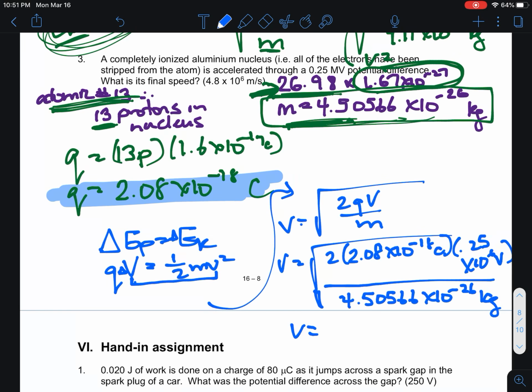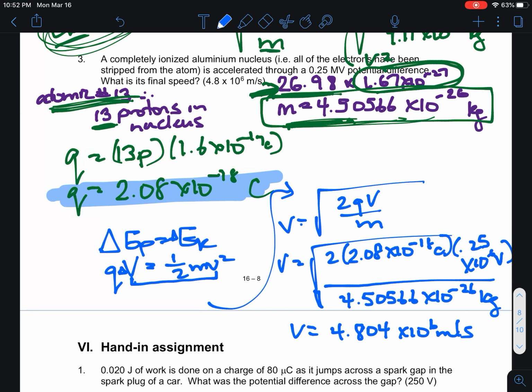And don't just sit there. I'm going to punch it. You punch it. And you get 4.804381, so 4.804 times 10 to the 6 meters per second.